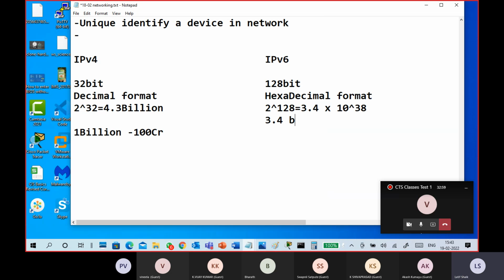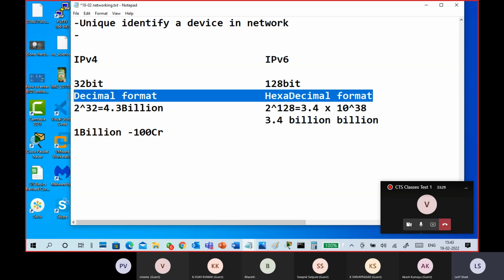A lot of IP addresses, billions and billions. So these are the two basic points: one is 32-bit, another is 128-bit, giving 4.3 billion addresses and 3.4 into 10 to the power of 38 addresses. Another is that IPv4 is decimal format and IPv6 is hexadecimal format.